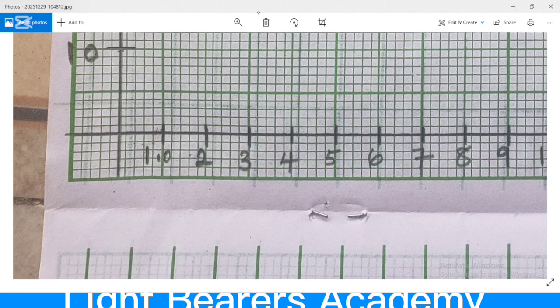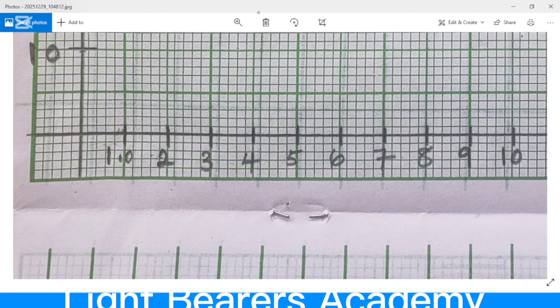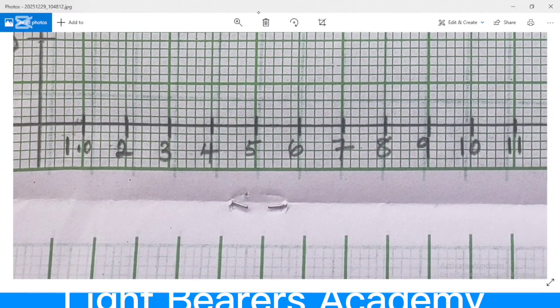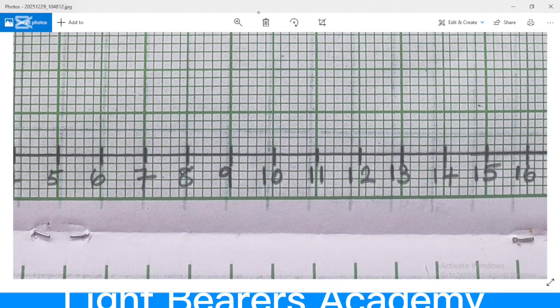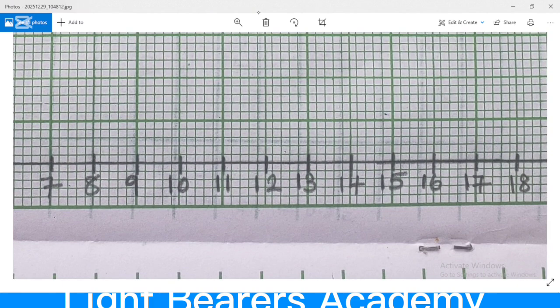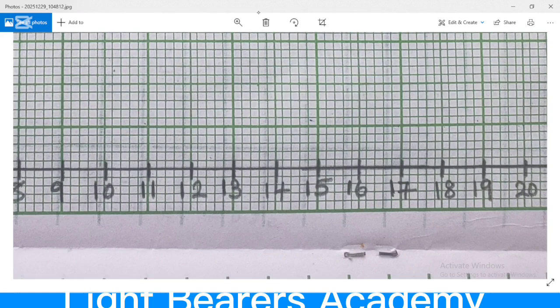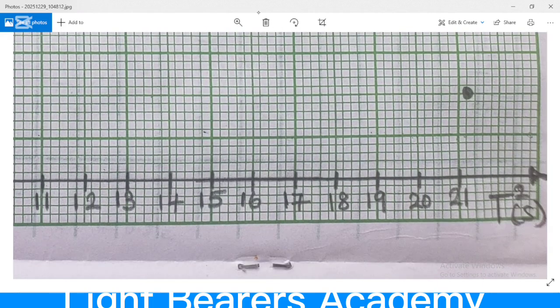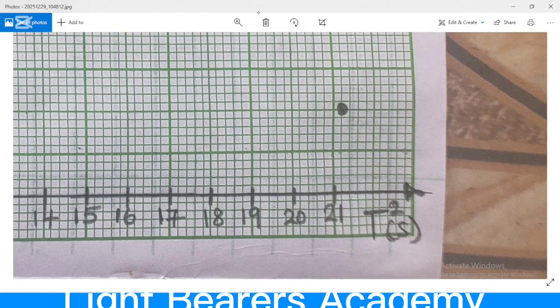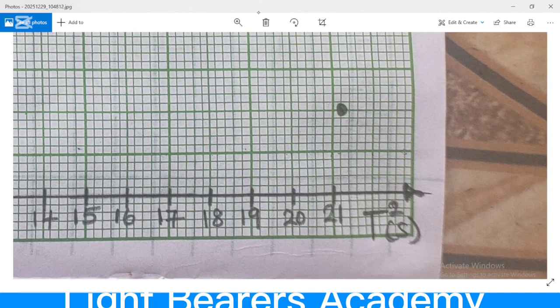So we have here 1.0, 2.0, 3.0, 4.0, 5.0, 6.0, 7.0, 8.0, 9.0, 10.0, 11.0, 12.0, 13.0, 14.0, 15.0, 16.0, 17.0, 18.0, 19.0, 20.0, and 21.0.